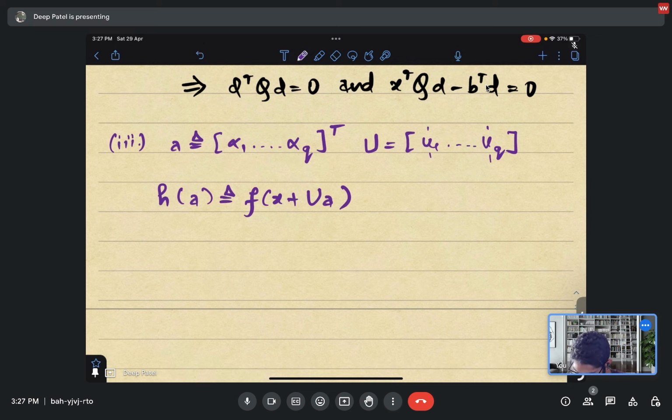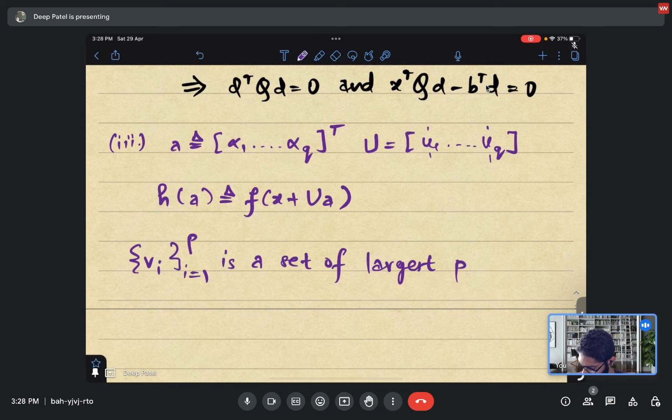We'll just make one more note, which is that this set of vectors vi, i equals 1 to p, is a set of largest possible number of linearly independent vectors such that Q vi equals 0.